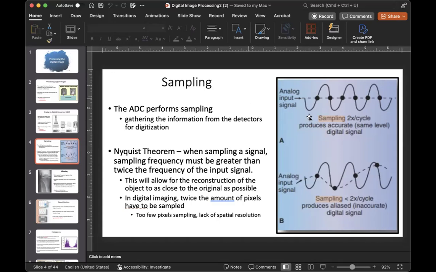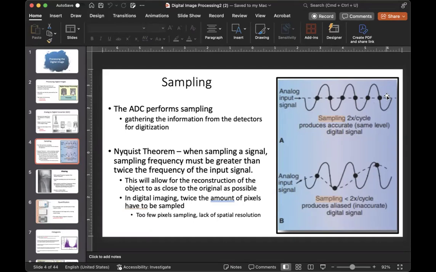And so when we look at these images, A showcases proper sampling. How we can know that there's proper sampling is imagine each wave, okay, is what we need to sample. Well, in this diagram, here's where it's sampled. 1, 2, 1, 2, 1, 2, right?